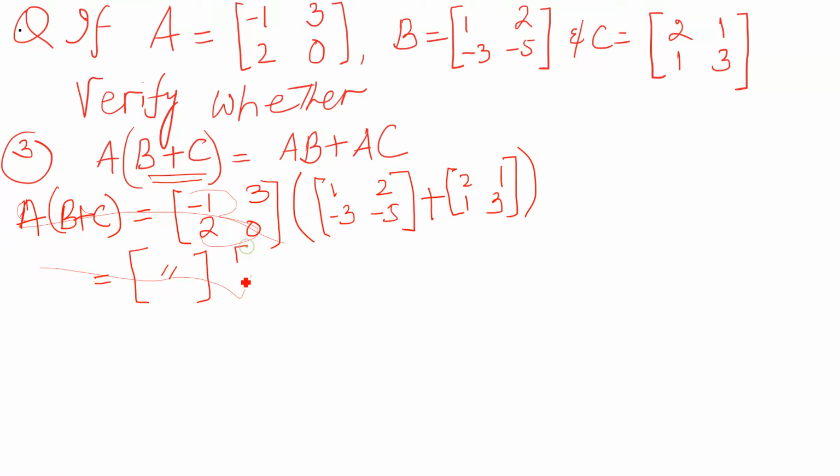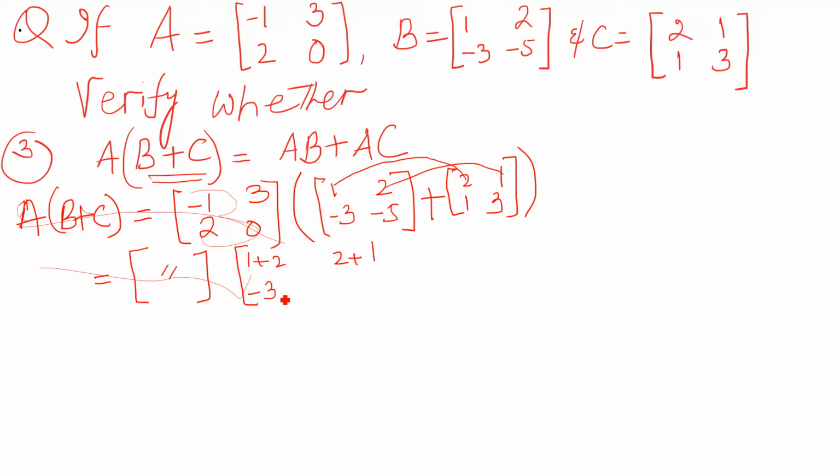First we will solve whatever is in the parenthesis. In addition, you have to add corresponding entries, this with this, this with this. Okay, now do not add 2 with 1. In multiplication you have to multiply row with column, but in addition you have to add row with row. 1 plus 2, right? And here 2 plus 1.